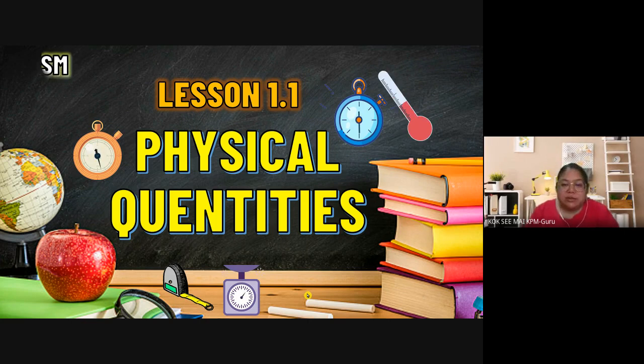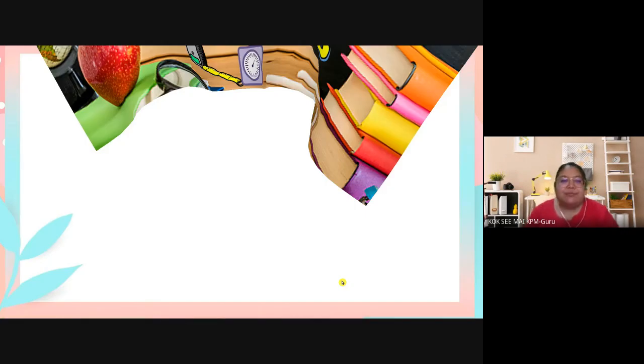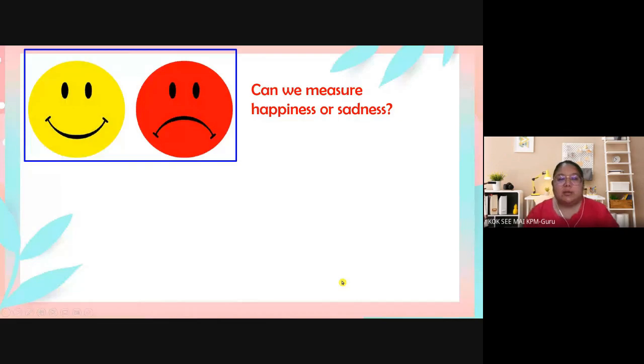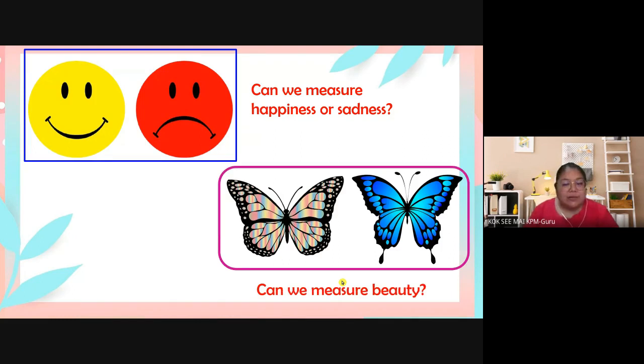Okay, now we start on physical quantity. What is that? Okay, this one is one of the examples. Can we measure happiness or sadness? Another one, can we measure beauty? You say it's very beautiful, 5 marks, that's your opinion. Then another person doesn't know. So we don't have anything to measure. If you say length, okay, I have a ruler. I use the ruler to measure 5 cm.